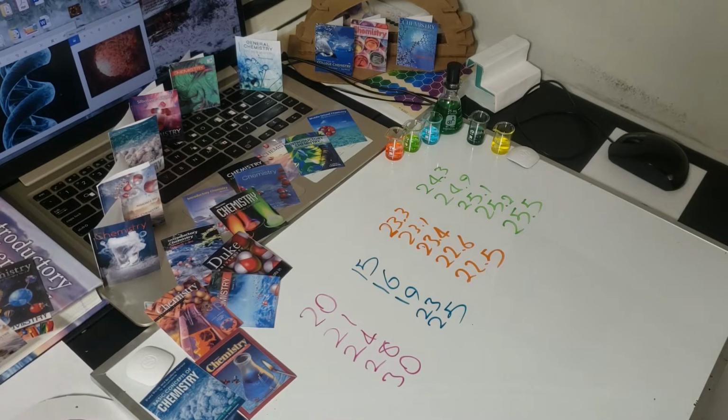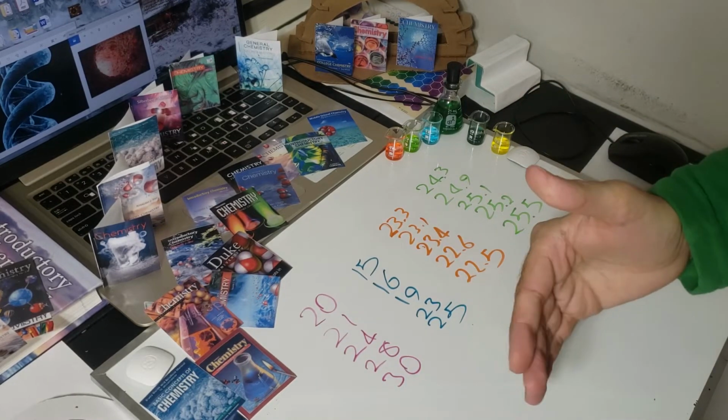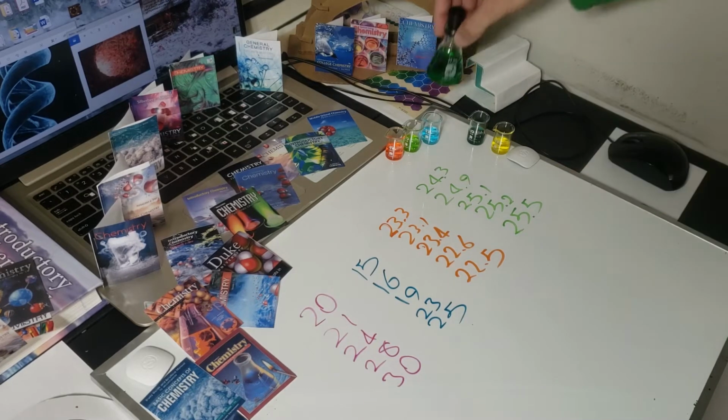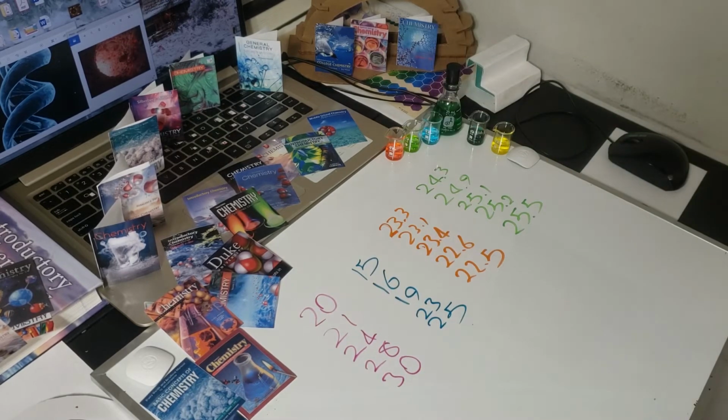To measure the accuracy, we look at the deviation of the average from the center, how far the average is from the real amount, which is 25. So let's do the average for all of them.